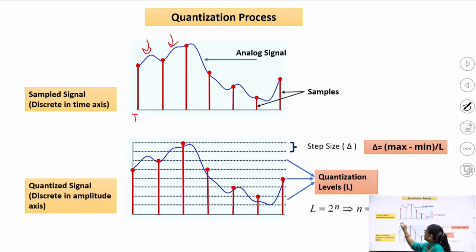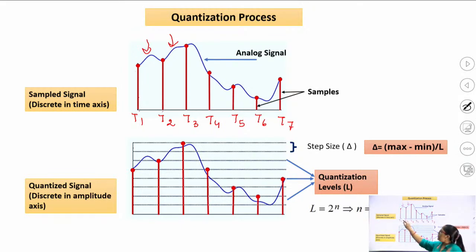So let's consider that these are the values of the sample at these time intervals T1 to T7. Now the signal is present after discretizing this analog signal in the time axis at T1, T2, T3, 4, 5, 6 and T7 time instants.